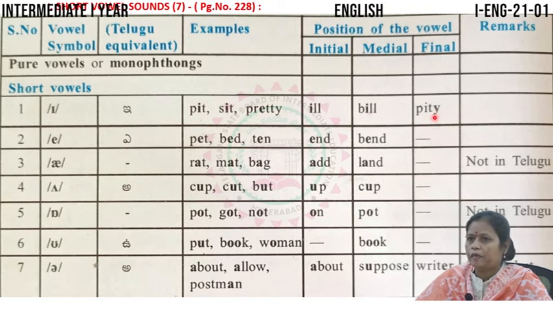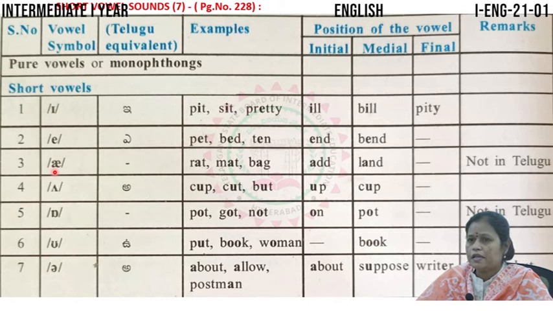Next, the English small alphabet E, but here this phoneme will give you this sound A, as in pet, bed, pen. The first one is in the initial position, and in between, bent. There won't be any word where we have this sound in the end or final position.